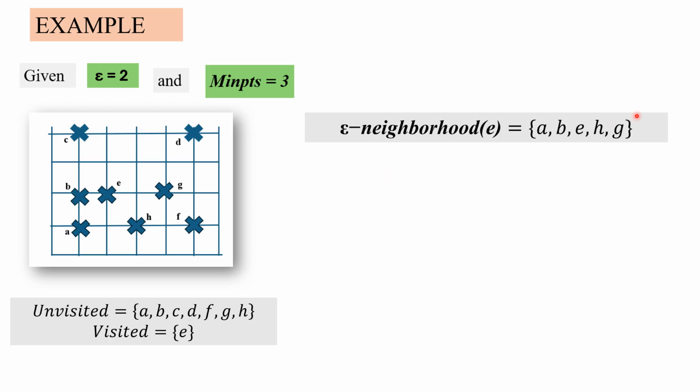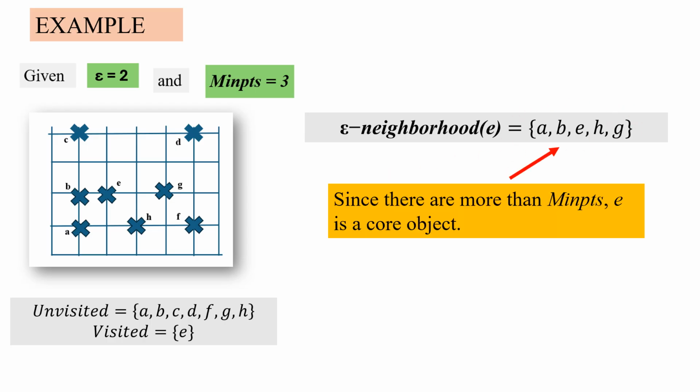So there we write the epsilon neighborhood. Number of points are more than min points. We needed only 3. We have 5. So E is a core object. Create a cluster, and E is a member. Right? So this was what happened with the first point which we had chosen.